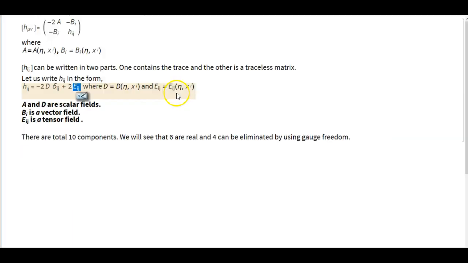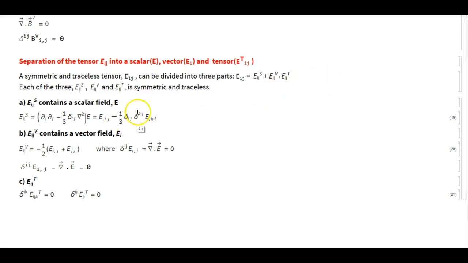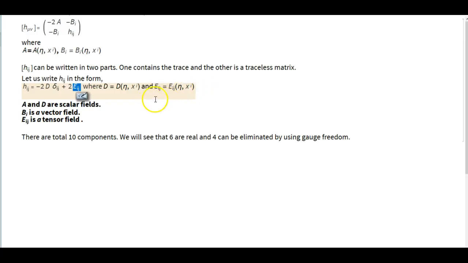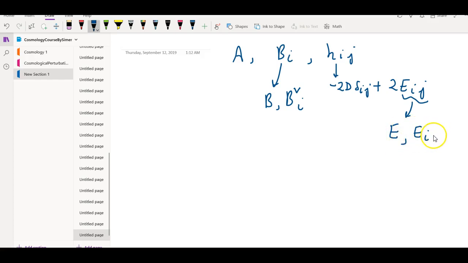Here, this is the perturbation to the metric tensor: A, B_i, H_ij. From H_ij we have minus 2D delta_ij plus 2 E_ij. From B_i we get one scalar B, and then the remaining part of the vector, B^V_i. From E_ij we get one scalar E, one vector E_i, and the remaining part of the tensor, E^T_ij.